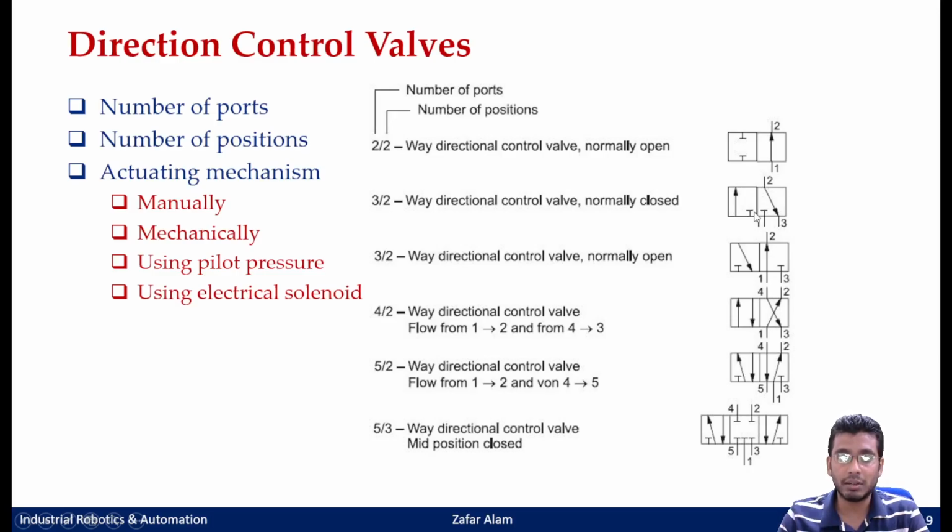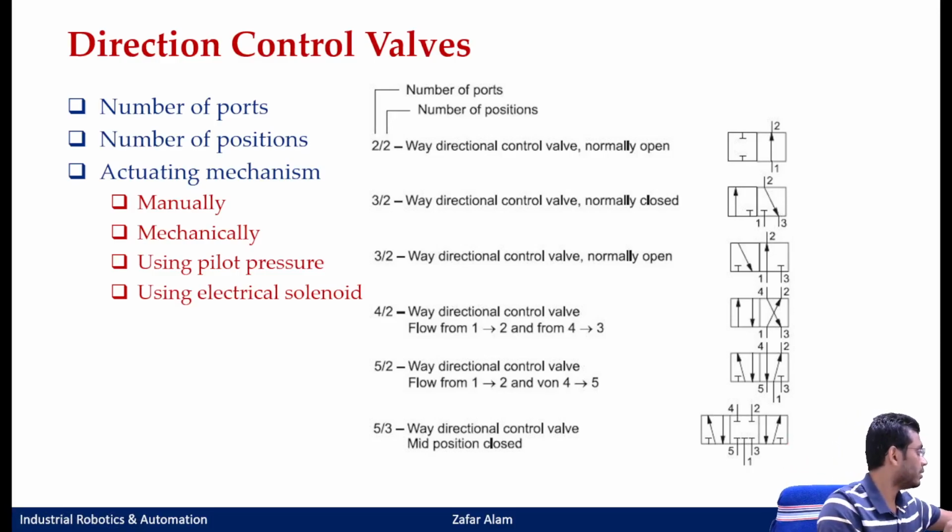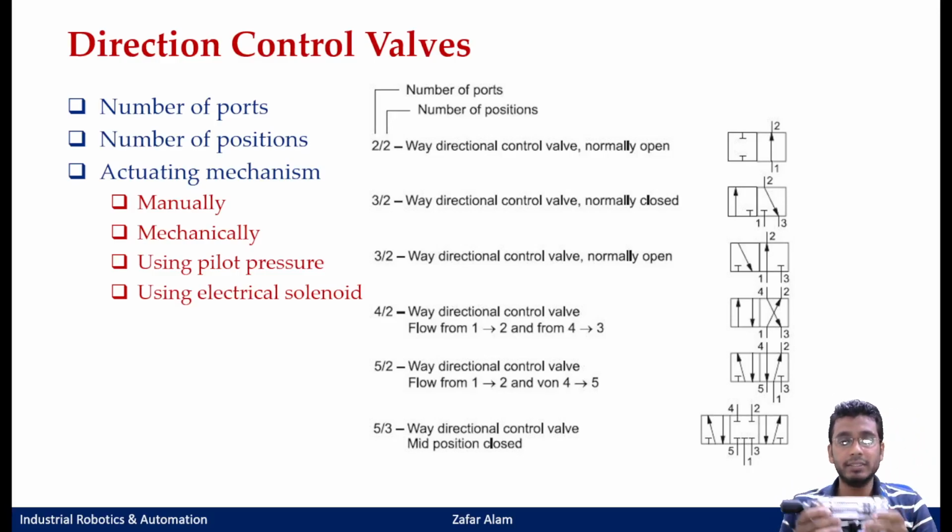In this position, that is the right hand position, that is the default position, port 1 is blocked and port 2 is connected to port 3. That means this type of valve is more suitable for single acting cylinders. So say suppose I have a single acting cylinder here.